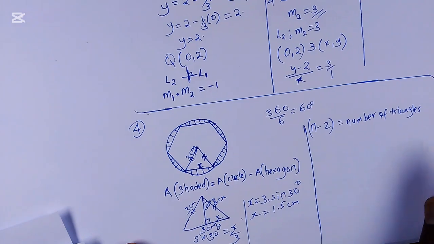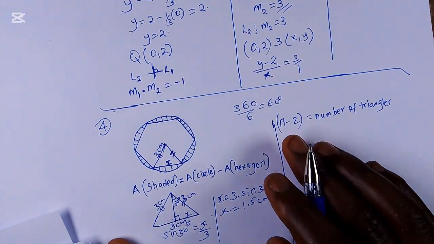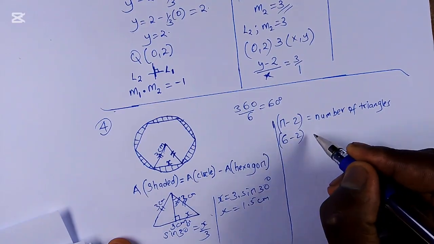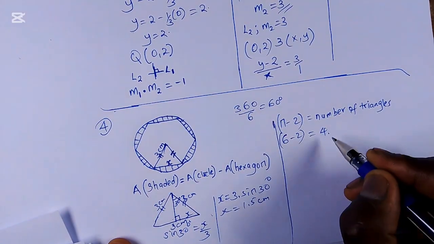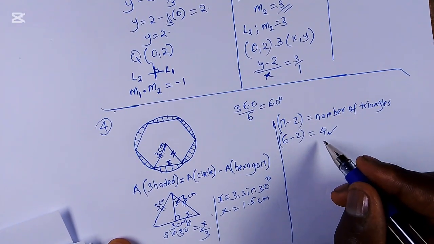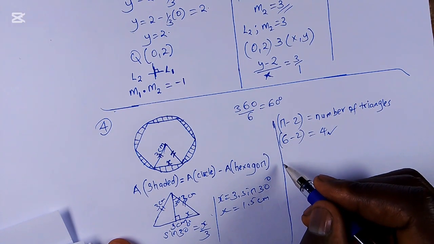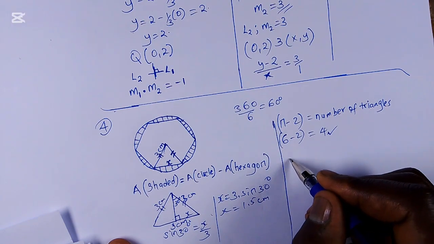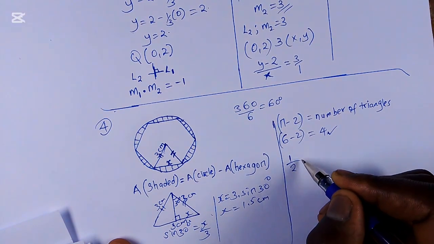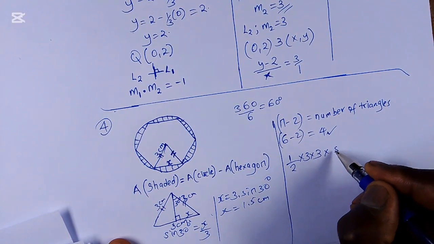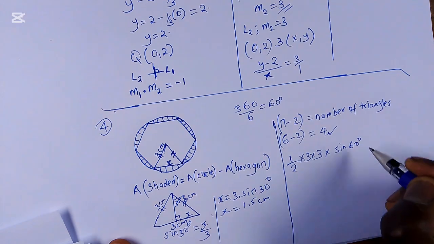So a hexagon has 6 sides, and the number of triangles therefore will be 6 minus 2, which is equivalent to 4. So we will now determine the area of the triangles. Taking one triangle, we have a half multiplied by 3 multiplied by 3 multiplied by sine 60 degrees.